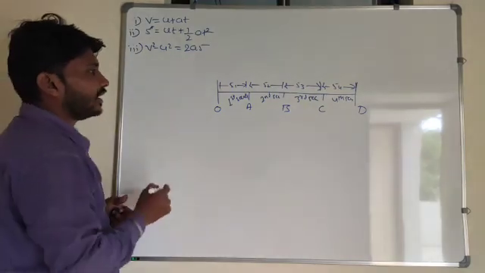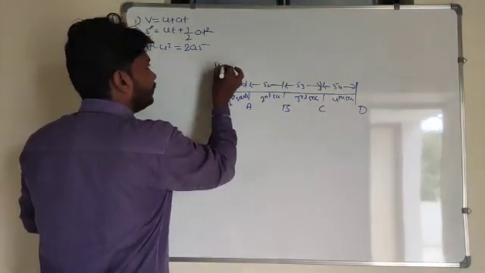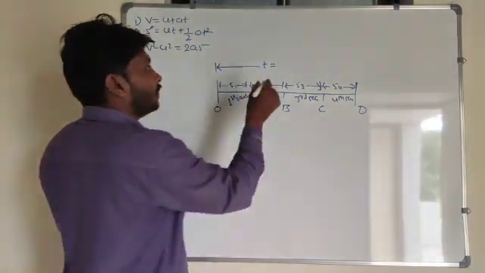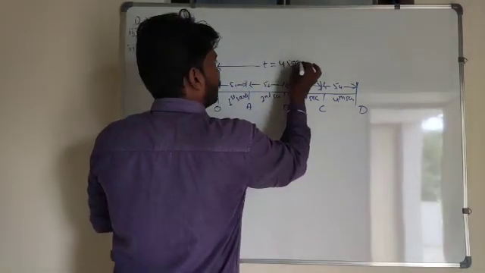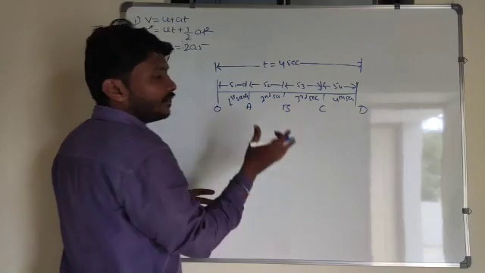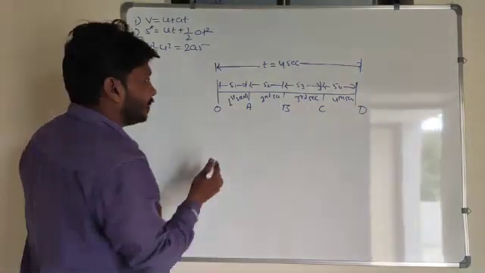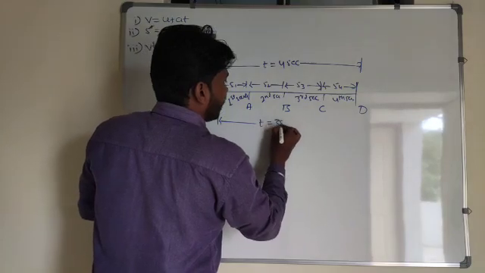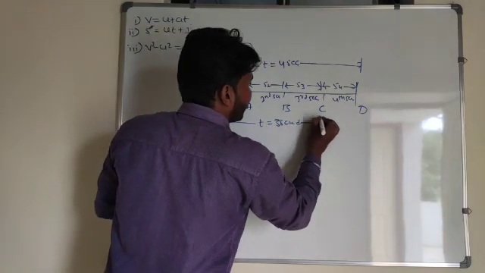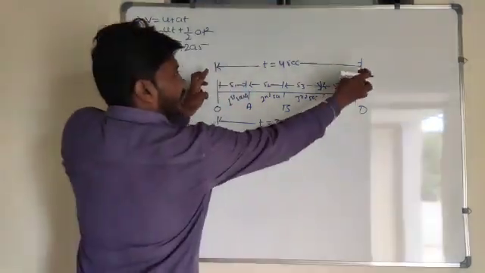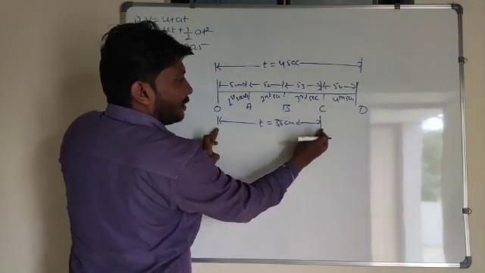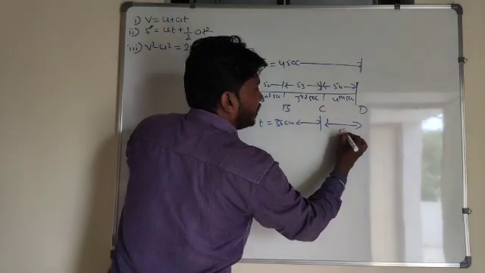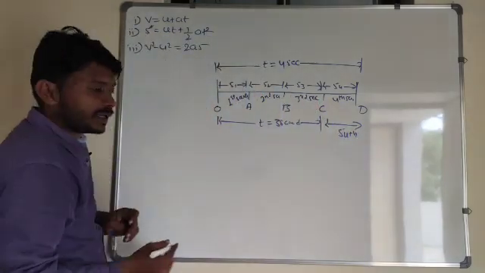In order to get that, if I know the distance traveled by the body in 4 seconds, that is t is equal to 4 seconds, and the distance traveled by the body in 3 seconds, then the distance traveled in 4 seconds minus the distance traveled in 3 seconds gives the distance traveled by the body in the 4th second.